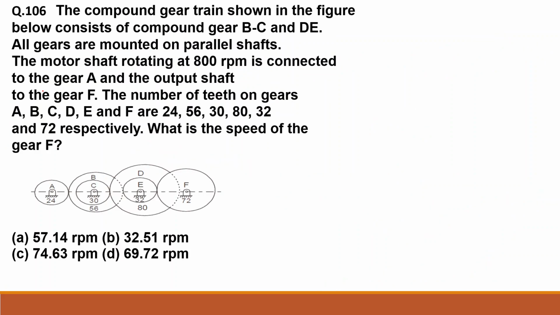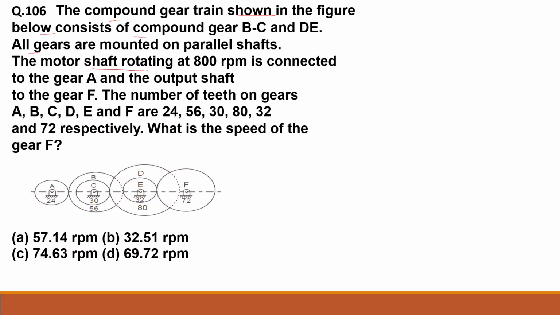Moving to the next question. The compound gear train shown in the figure below consists of compound gears B, C and D, E. All gears are mounted on parallel shafts.